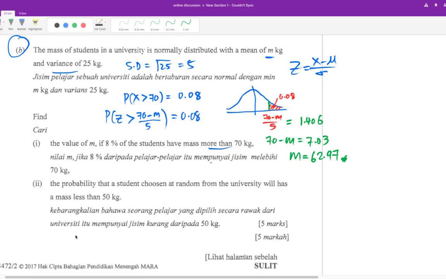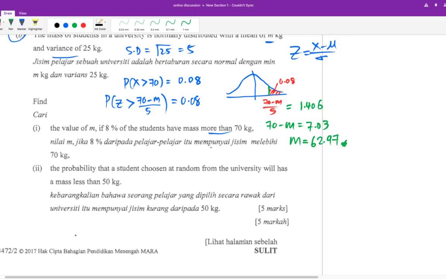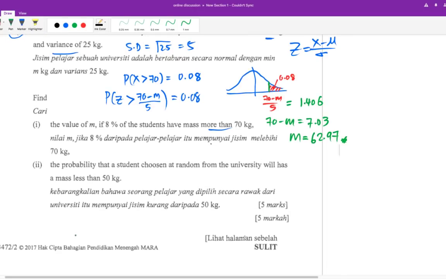Alright, so we got the M. The question: the probability that a student chosen at random from the university will have a mass less than 50 kg. So the question asks for a probability, I need to find the probability that X is less than 50. This shouldn't be too difficult.